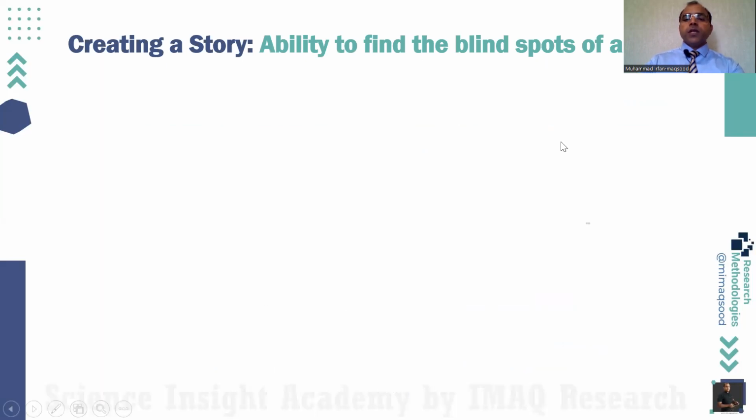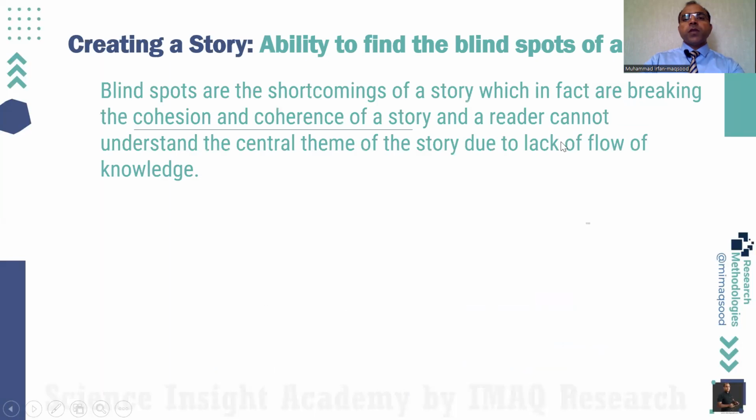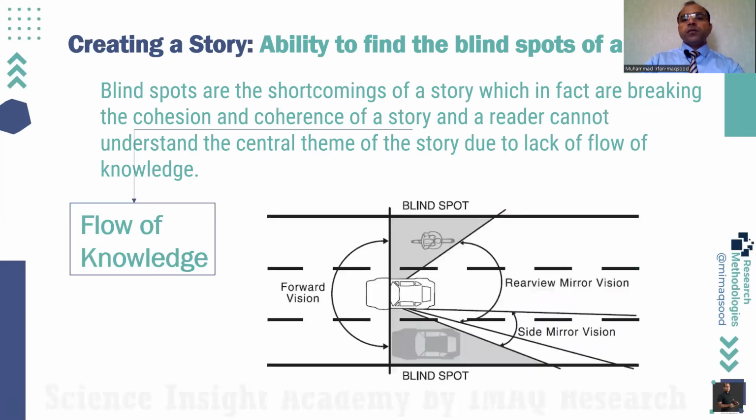Another important thing is to find out the blind spots. I'm giving an example here. For example, you are driving a car, so you see the forward vision, the side vision, and also the back vision. You see everything, but there are some blind spots. You think that you are observing everything in your surroundings, but actually you have some blind spots. If you understand those blind spots, you can control everything.